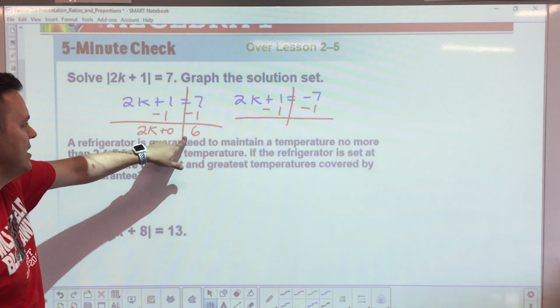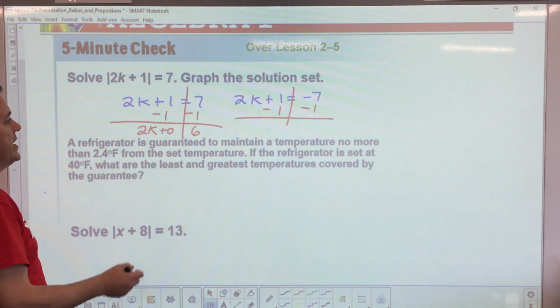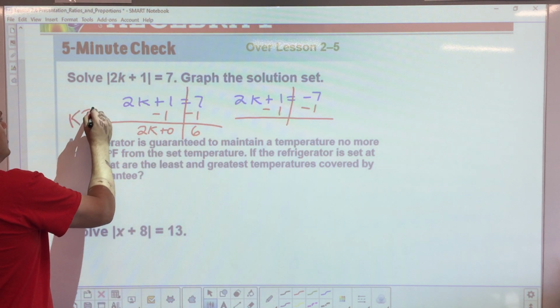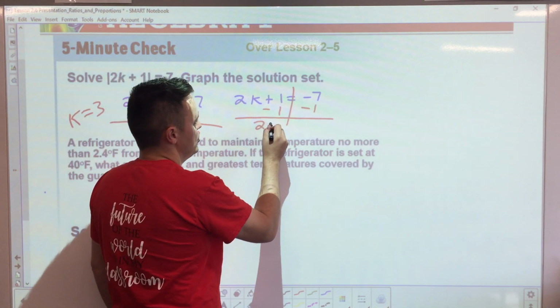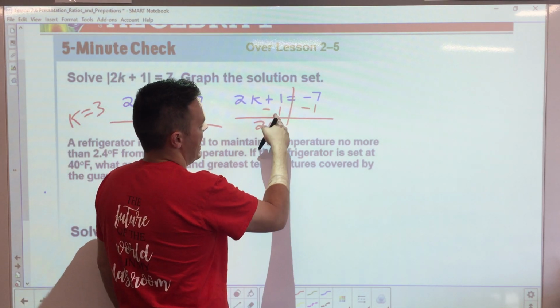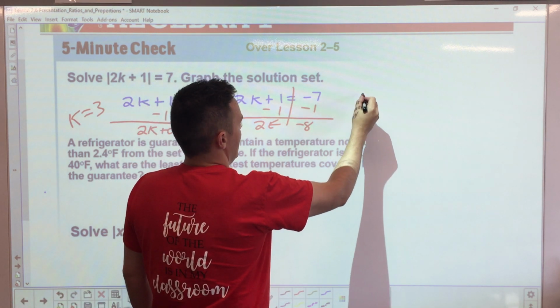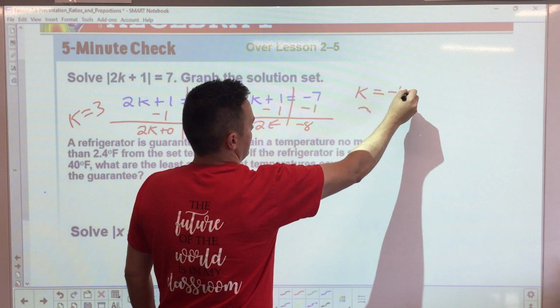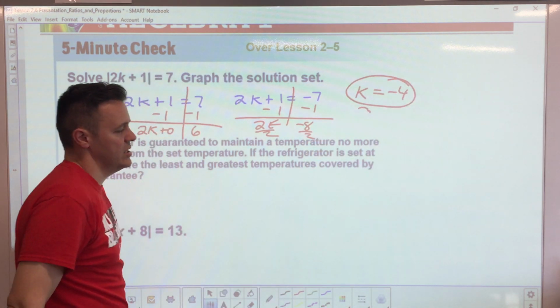So you'd have 2k equals 6, basically. Divide both sides by 2. K equals 3. And then this one here, you'd have 2k, that would cancel out, negative 8. And then you would have k equals negative 4. Okay. Divide by 2. And that's what you get.